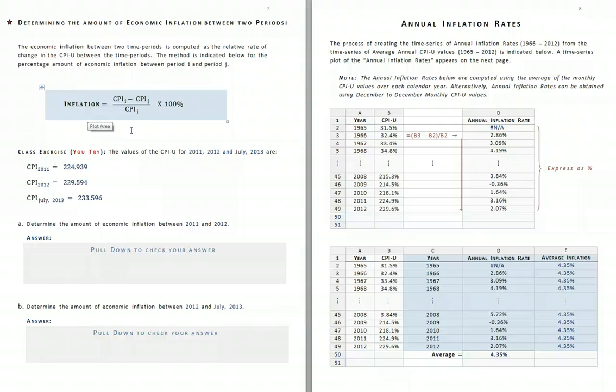The relative rate of change between the jth period and the ith period, where the jth period is considered the earlier period, is the difference between the CPI-U in the earlier period and the CPI-U in the later period divided by the CPI-U in the earlier period. Since the amount of inflation is generally expressed as a percent, we multiply this relative rate of change of the CPI-U by 100%.